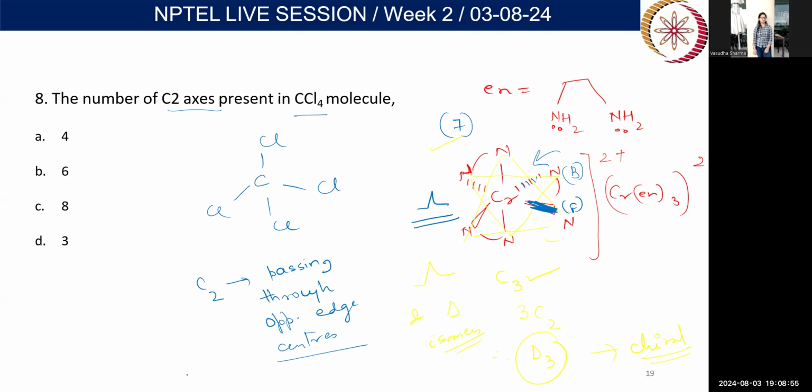And we have six edges, therefore three C2s are there. The answer is three, because it would be passing by two edge centers at one time.